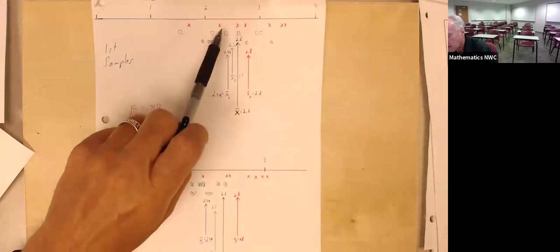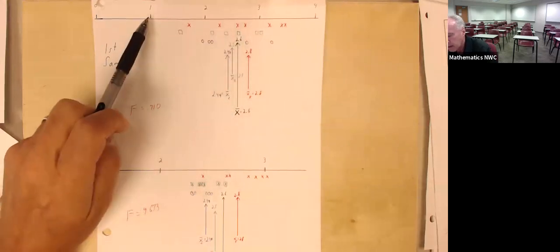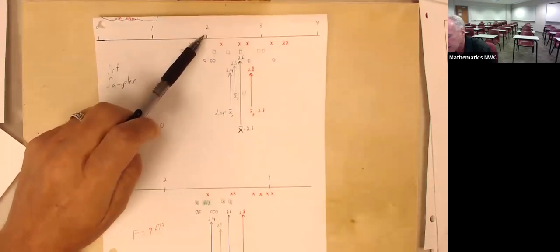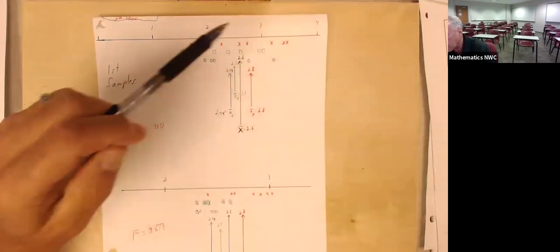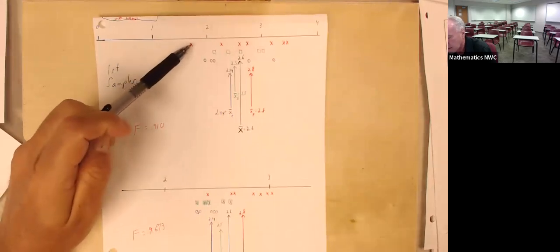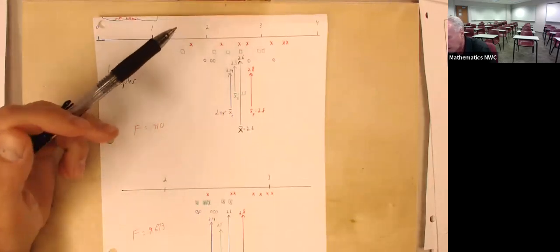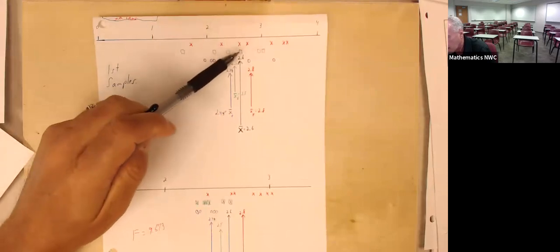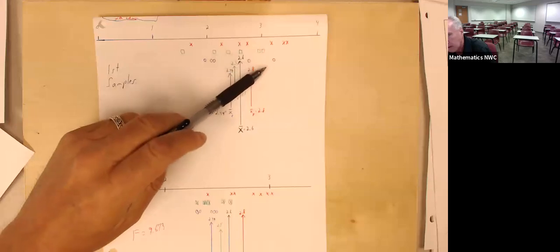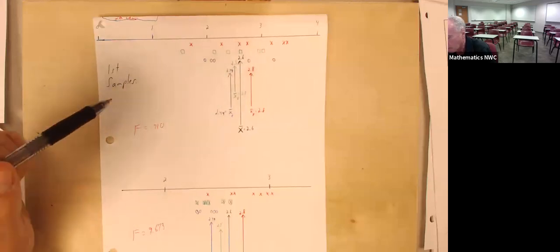The red are the football players. Here's a GPA of 1, GPA of 2, GPA of 3, GPA of 4. This was the first set of data. These were the red football players. The green were the service project, and the blue are the choir members.